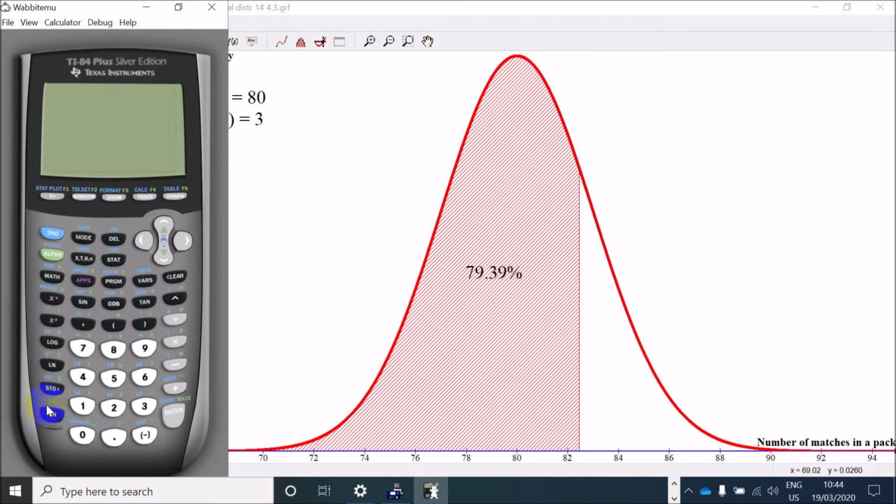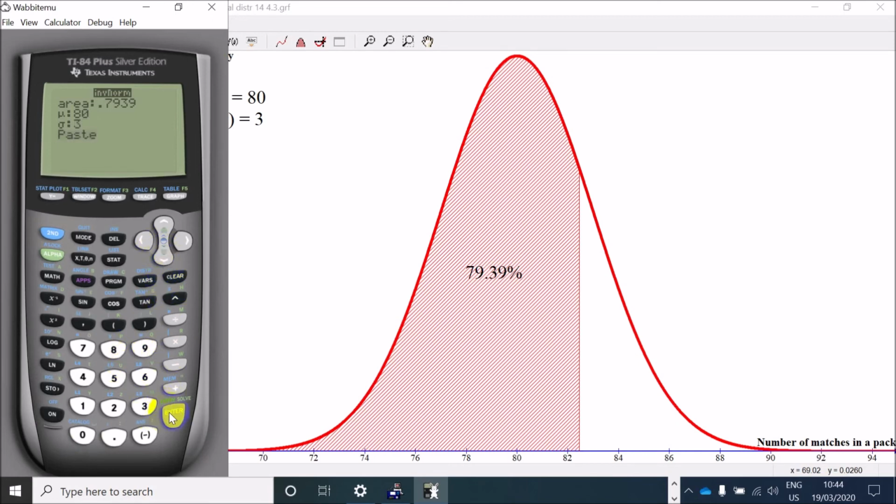Distribution, oh, it's off. Let me add it on second. Distribution, the inverse norm. The area is 0.7939. The mean that we are using the whole time is 80, and the standard deviation is 3.